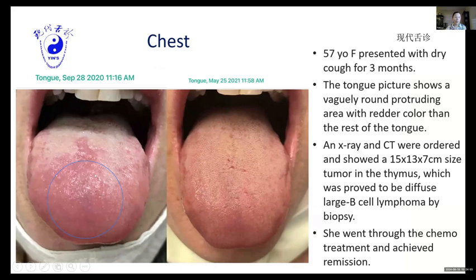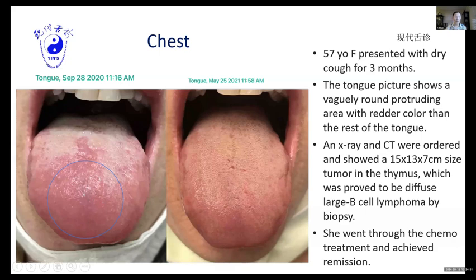So when she stuck out the tongue, you can see in the blue circle, around here, the inside is red, purplish and protruding out. So you see something is wrong in the chest. At that time I didn't think it was lung cancer because it's unlikely in the middle, but I really didn't know what was going on.